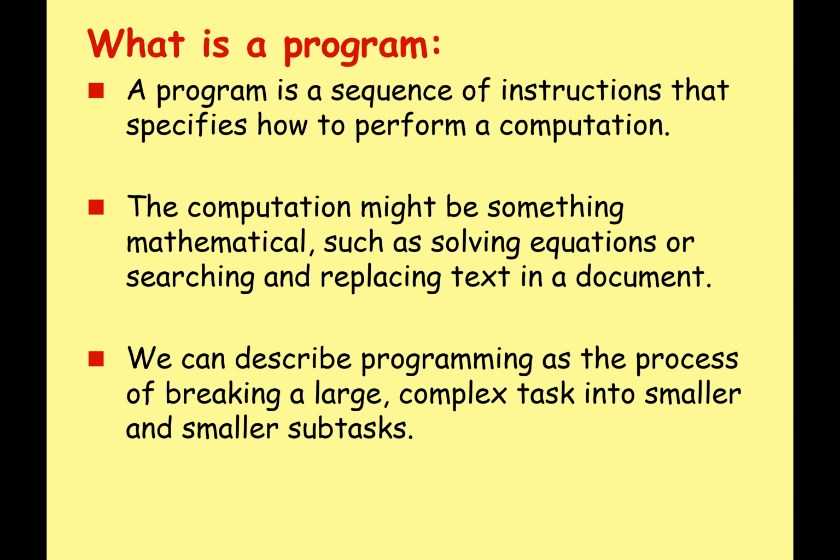We can describe programming as the process of breaking a large complex task into smaller and smaller subtasks, and these are the ones we design a solution to, and they work together to solve the big problem. When we divide big problems into small problems, there's a special name for that, and it's called decomposition. We'll often talk about decomposing problems, dividing them into simple programming steps that the computer can follow and complete a big problem.